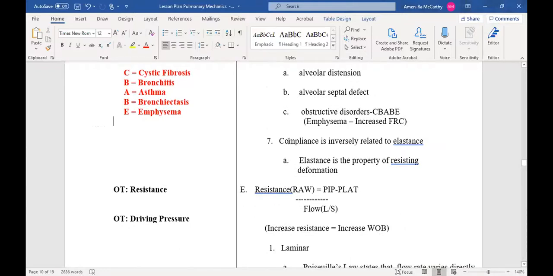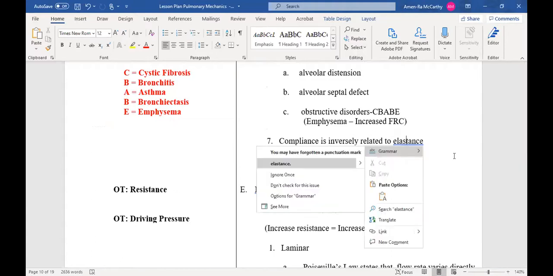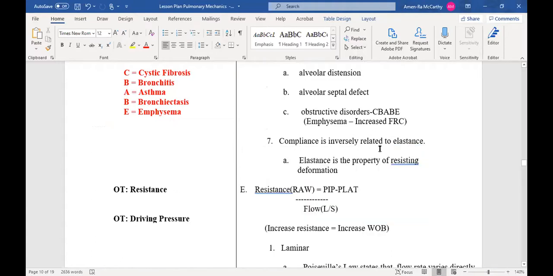We've already talked about number 7, but you can write it down. Compliance is inversely related to elastance. Inverse means opposite. And what is elastance? Elastance is the property of resisting deformation.